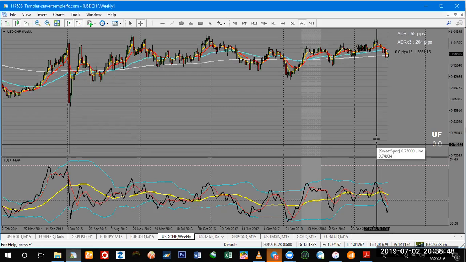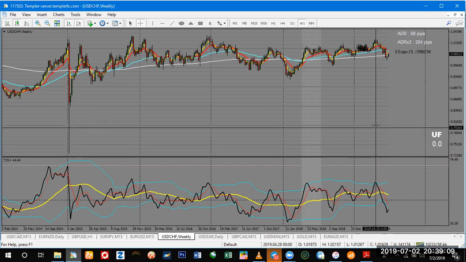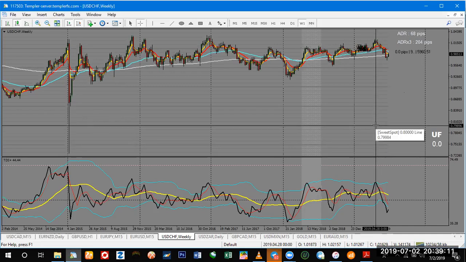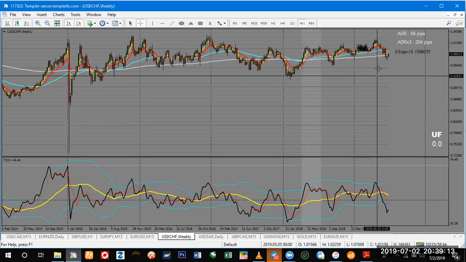Between a major quarter, like this one, this is 0.8, between 0.8 to 0.9.